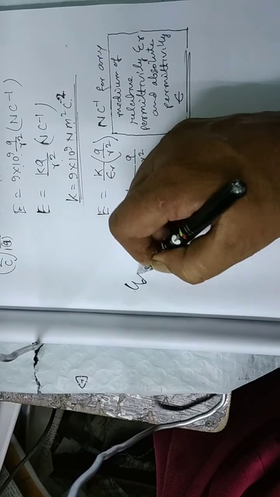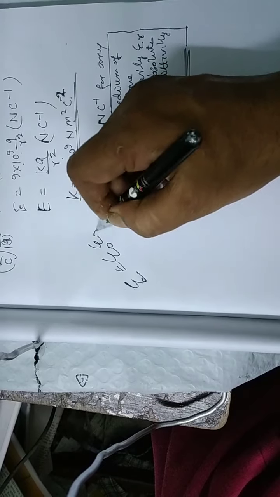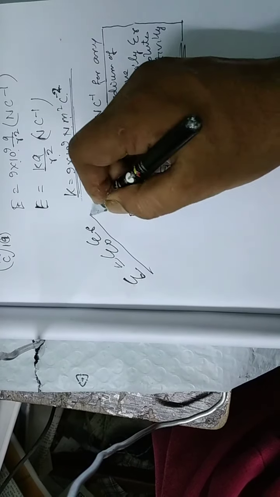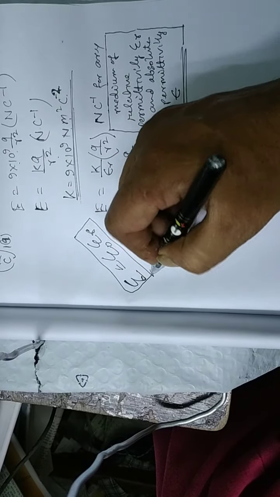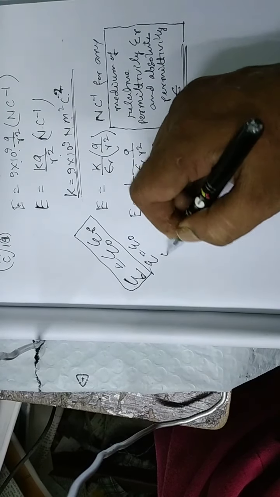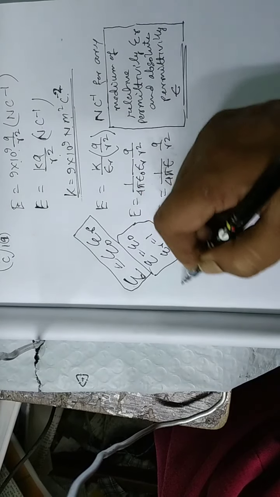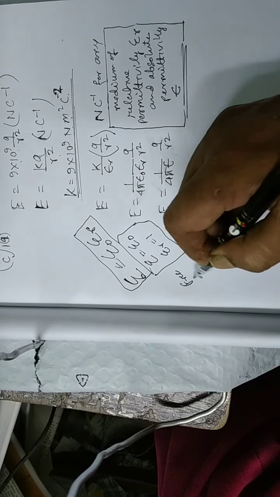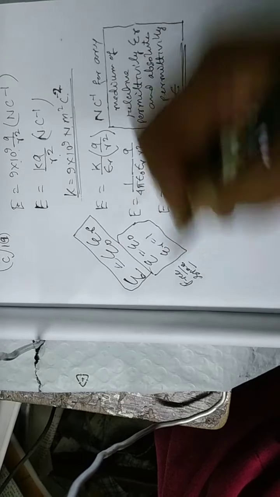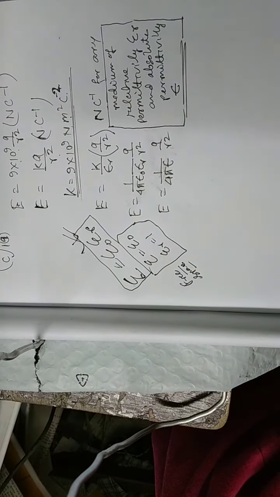Always remember epsilon equal to epsilon naught epsilon r, always remember. And in free space only epsilon equal to epsilon naught, epsilon r equal to 1, only free space. Otherwise this is the only formula, you always remember.